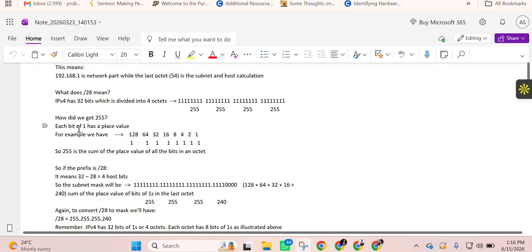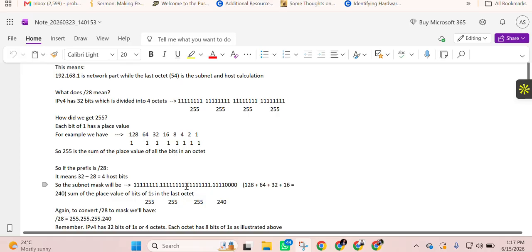I'm saying that each bit of 1 has a place value, and we have these 8 bits of ones, and the place values are written above here. So 255 is the sum of the place values of all these bits in an octet. If the prefix is /28, it means 32 minus 28 will give us 4 host bits, and that's what we are looking for.